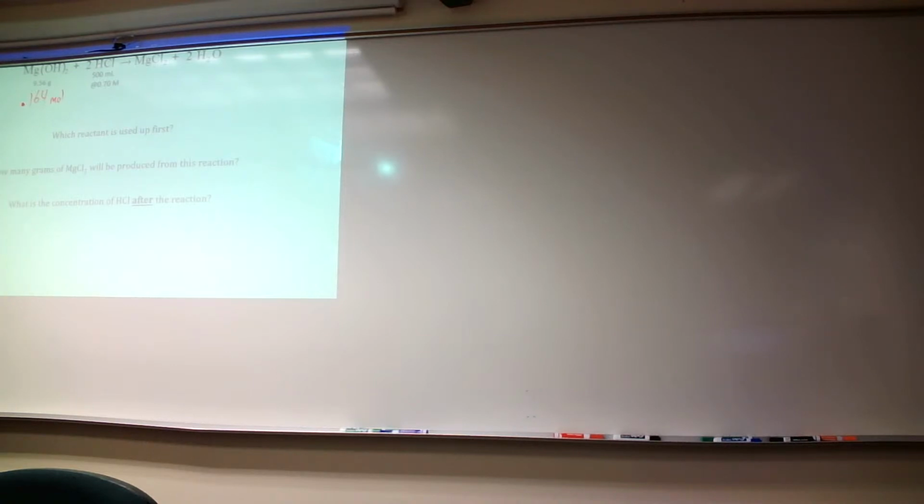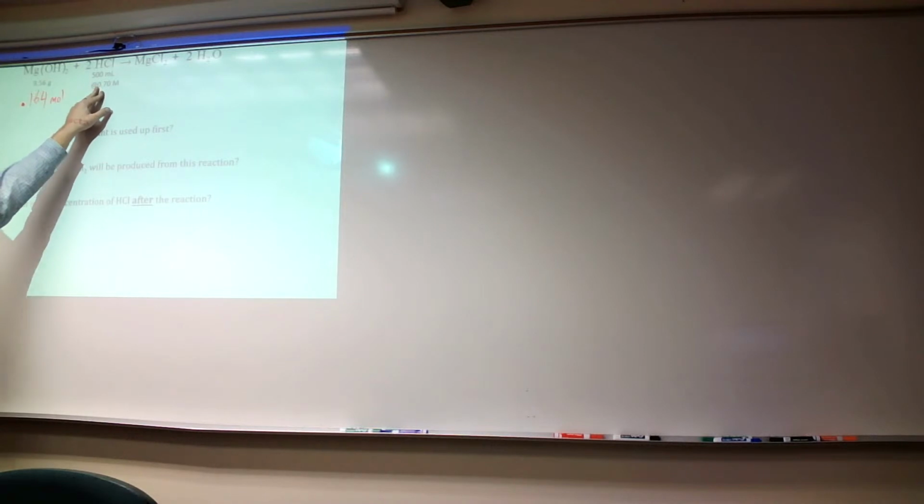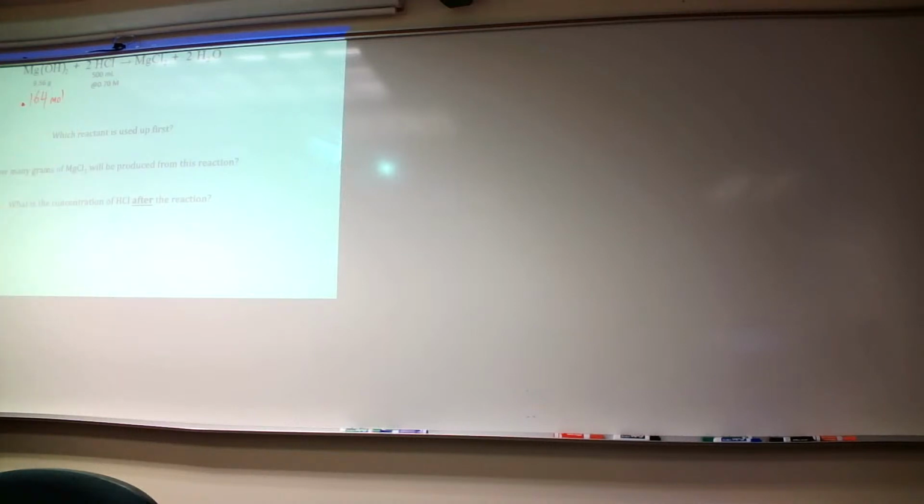Are we going with 0.7? Oh, was that the more accurate one? Sorry. No, for HCl. I'm asking. Yeah, 500 milliliters at 0.7. So if we have a solution and a concentration, it looks a lot like doing a density conversion. We're going to use this concentration as a conversion to get from liters into moles.